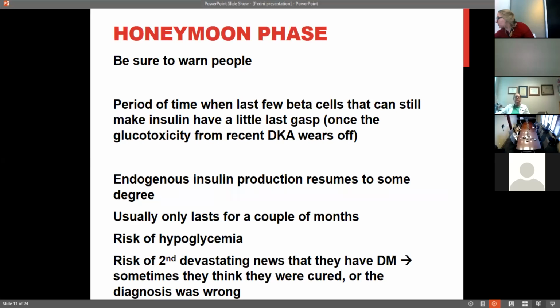That sort of brings up the next thing. Why do we want to know if they're type 1 or not, if they have LADA or not? There are a couple of reasons. One is we know that we can't then just presume that when we get their sugars better, we can start them on metformin and an SGLT2 or something like that to help their sugars. We know that they will need insulin forever, and we can counsel the patients about that and start them on insulin right off the bat.